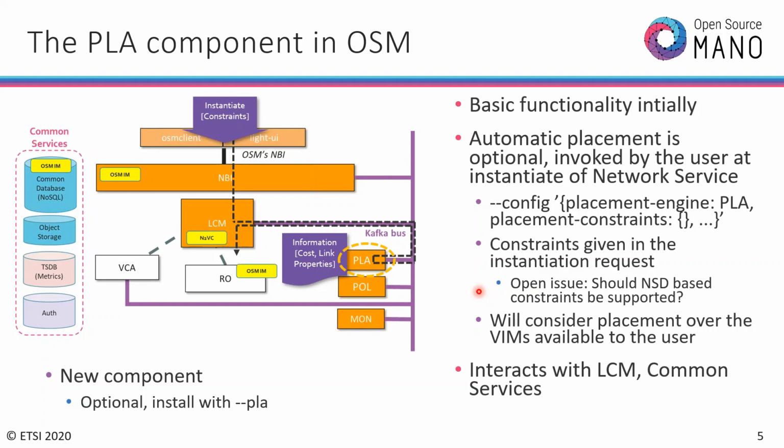So that's also a possibility, that the information model actually contains a way to express these constraints for the developer of the network service. But as it is for now, we feed these constraints at instantiation time. And then, of course, the PLA has this information that we talked about, the cost, the link properties, and so forth.